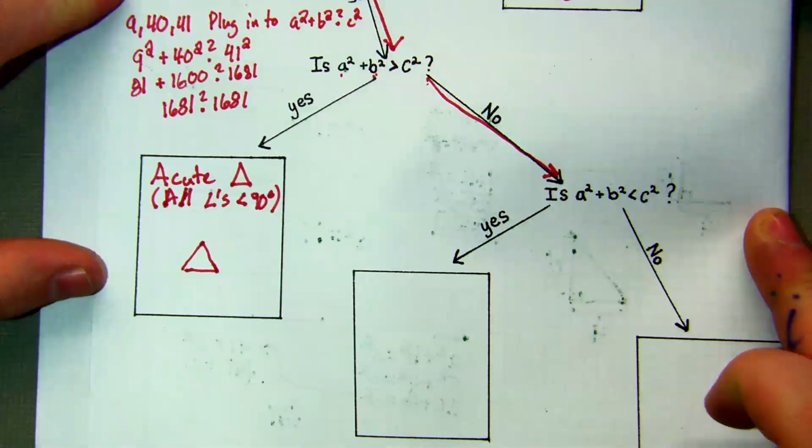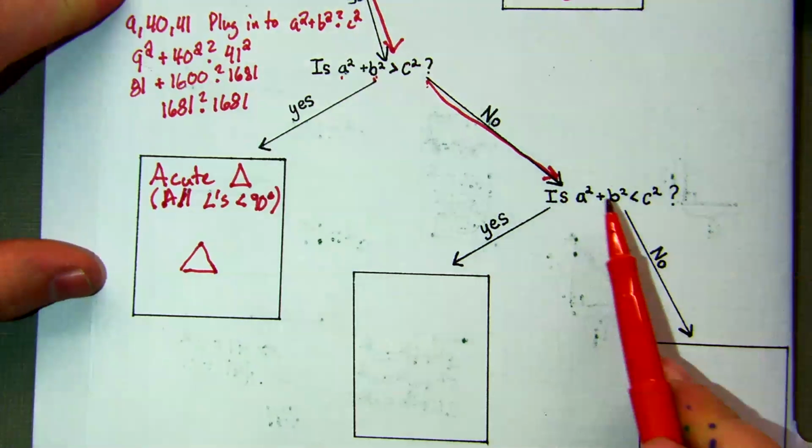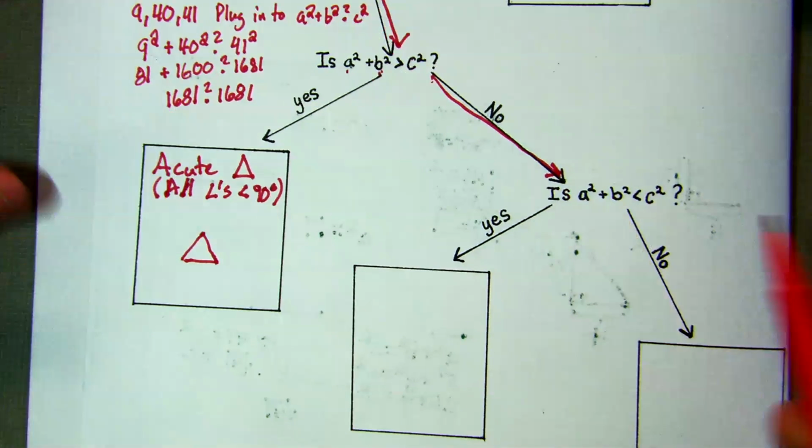Then we check our next piece. Is a squared plus b squared strictly less than c squared? Yes or no?